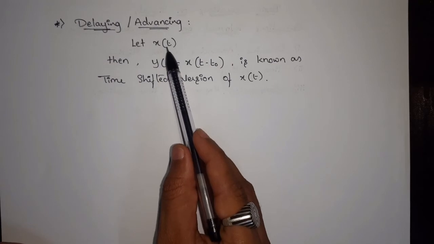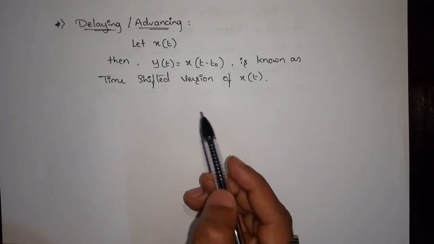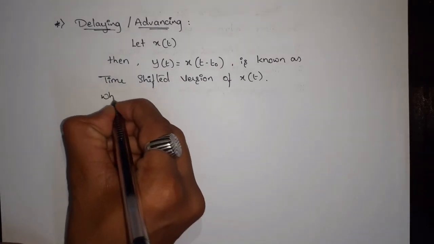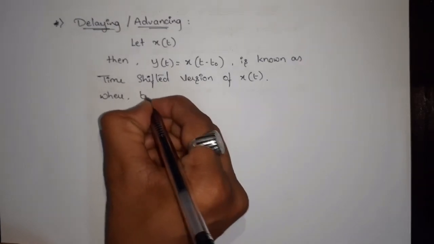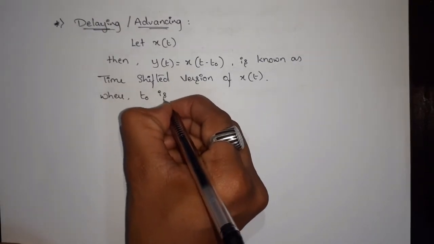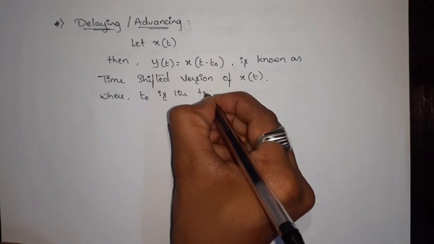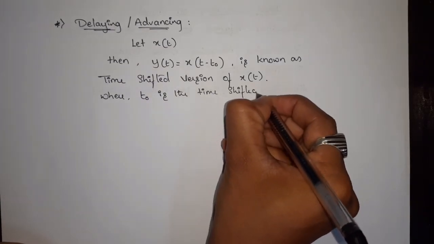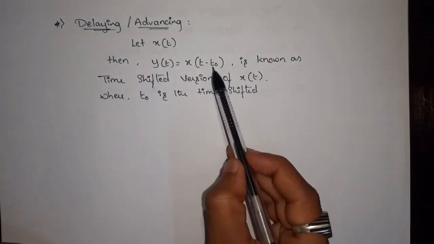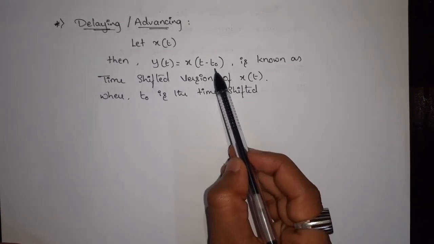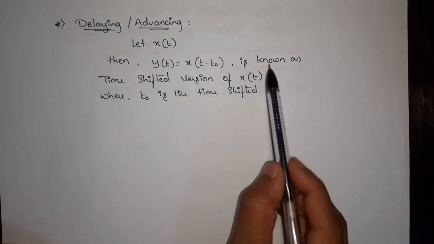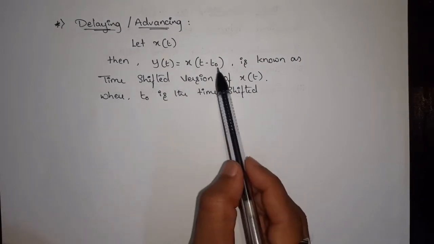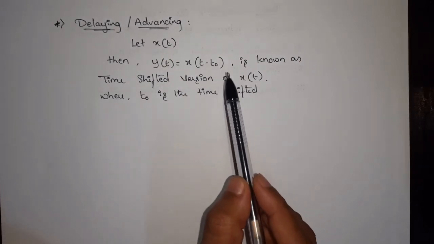Y of t is a time shifted version of x of t, where t naught is the time shift, with a time shifting of t naught units.